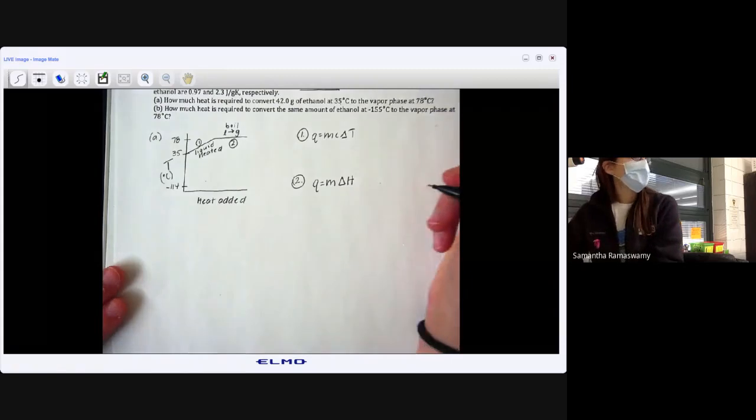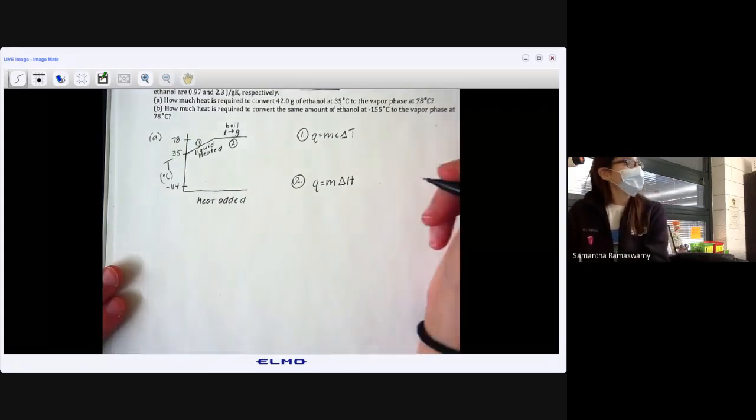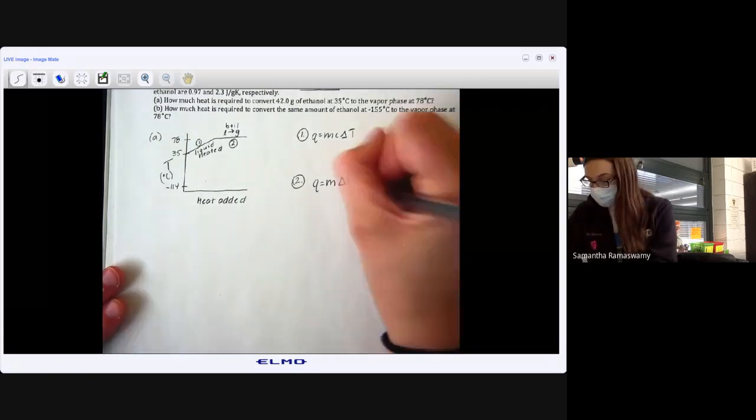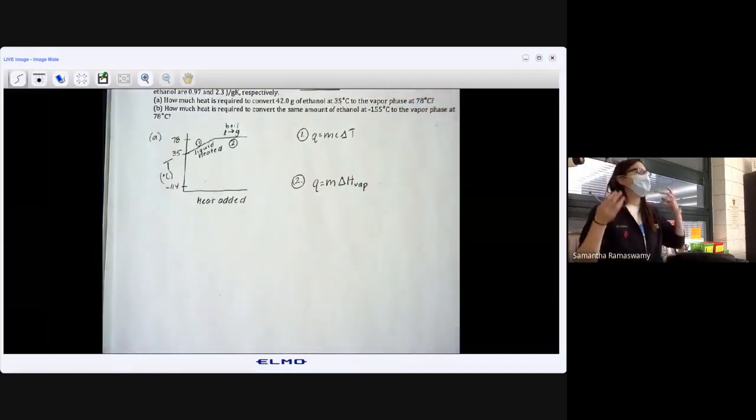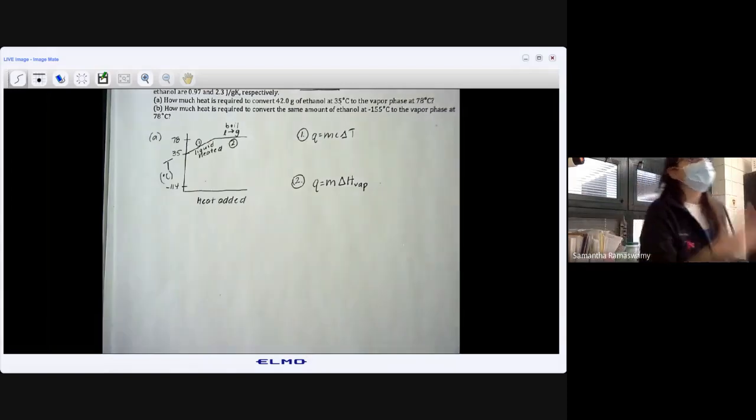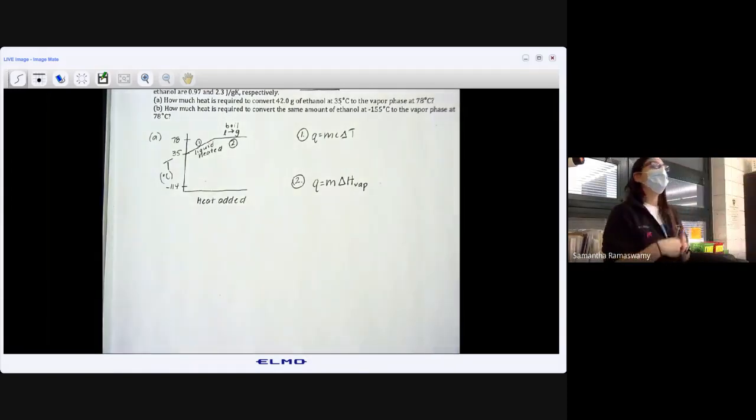Fusion is melting. Vaporization, right, sounds like evaporation. Vaporization is when it's boiling. Then you just need to be careful with your units, plug everything in, and if we want the total Q, what do you think we do to the values? Add them up.